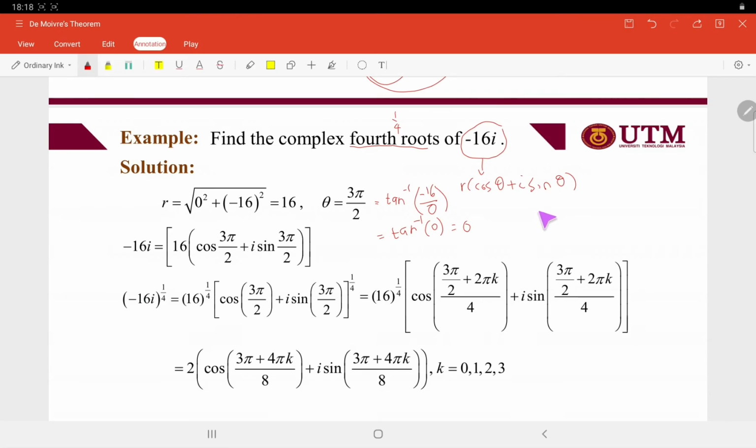So since negative 16i is located here, it means that the angle is 270 degrees.